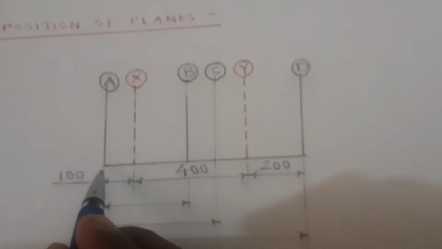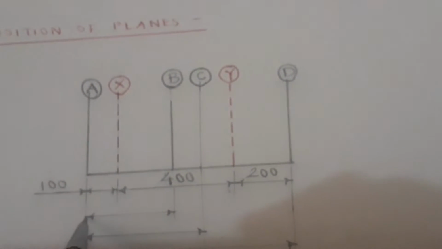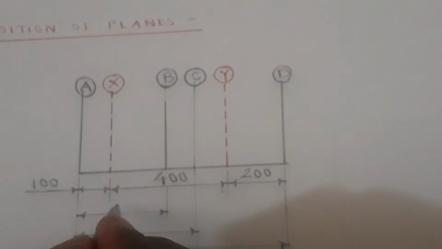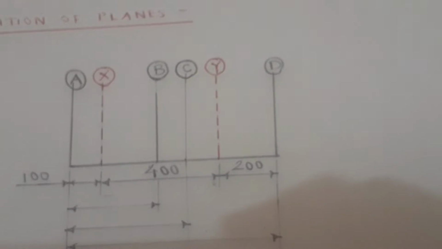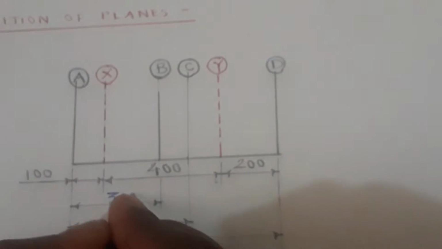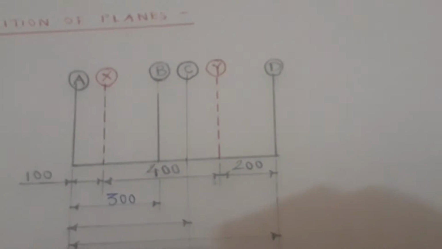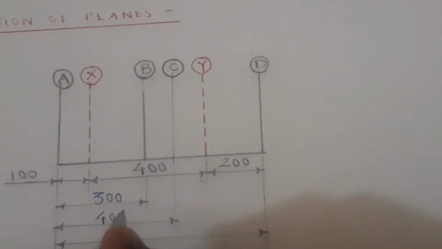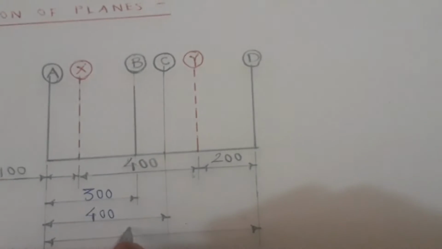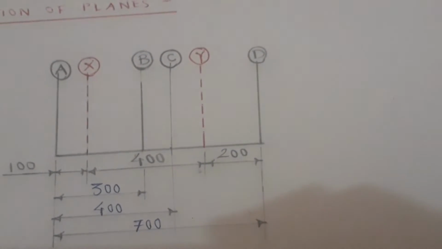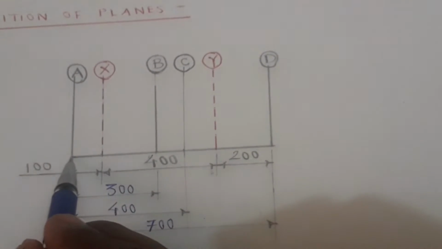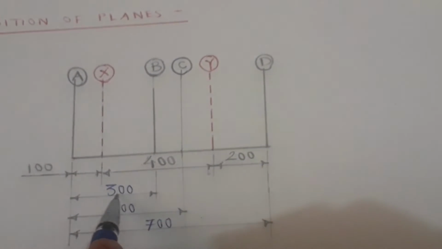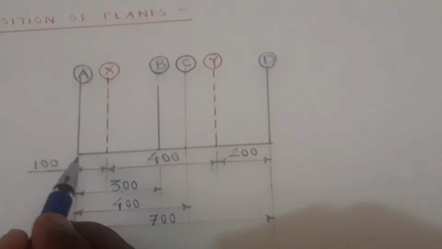If I consider the position of planes from A, the plane for B is at 300 millimeters, the position of C from A is at 400 millimeters, and the position of plane D is at 700 millimeters. In this way we can locate the planes for A, B, C and D at 300, 400 and 700 millimeters from A.